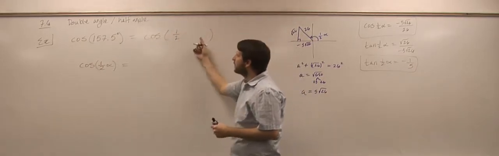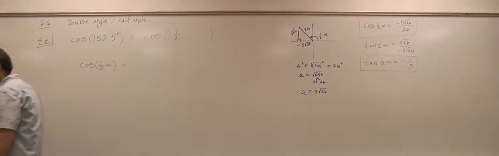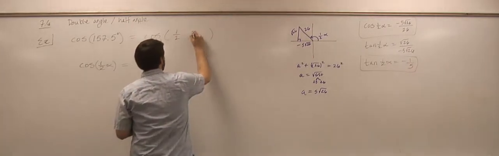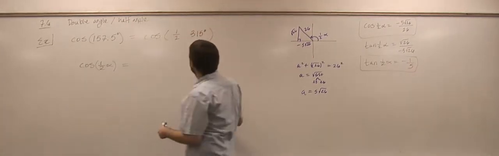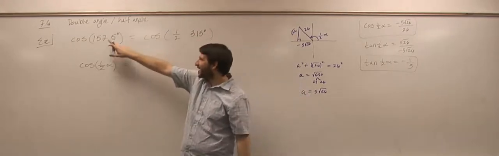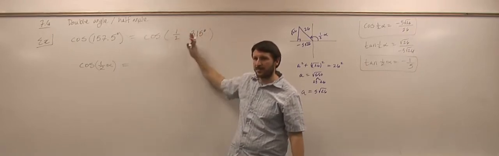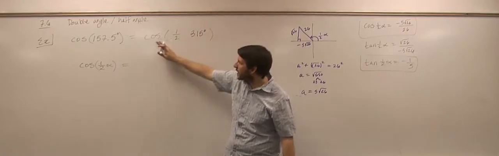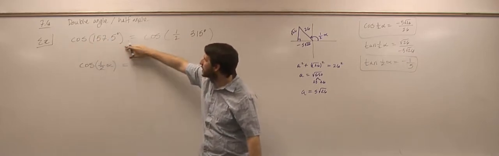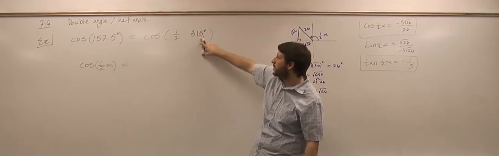So what do you take half of to get 157.5? 315. And how'd you get that? You double it. If you double this guy, then you can put the half in front and it'll equal out. So the way to calculate cosine of 157.5 is to realize that this is half of a special angle. It's half of 315.